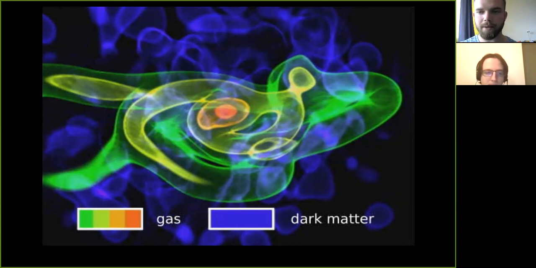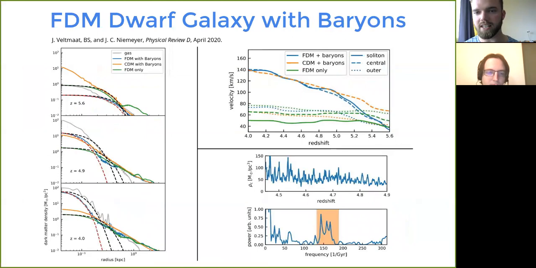And as a next step, last year, we then included baryons as well to make these kind of simulations more realistic. And basically with baryons, we did the same kind of simulations, and you can have a look at the results in this paper given here.